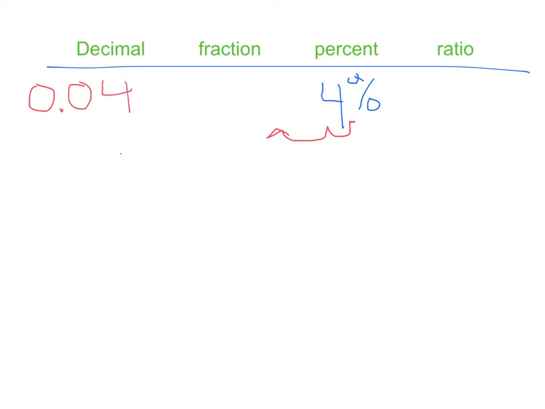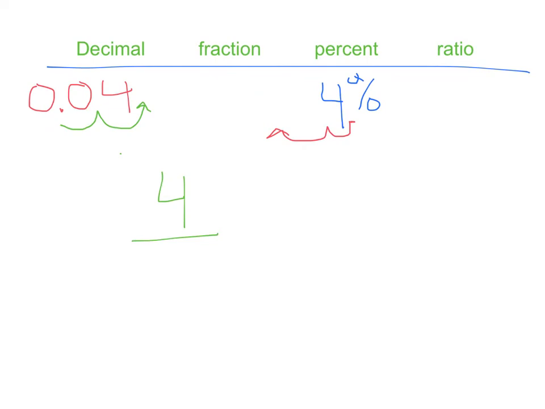Okay, and then I can go from my decimal to my fraction, because if I have 0.04, remember, decimal to fraction is moving that decimal point as far right as you can to turn it into a whole number, that whole number being 4. That becomes my numerator. Sorry, guys.